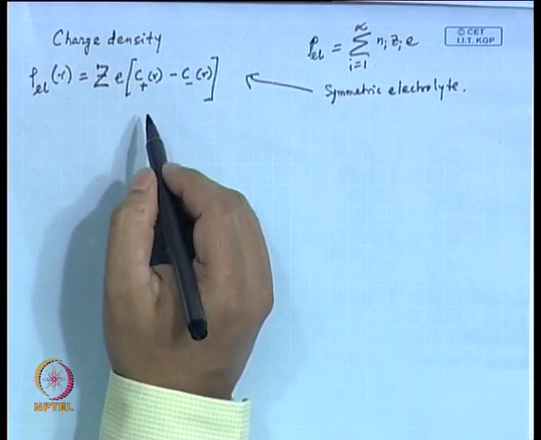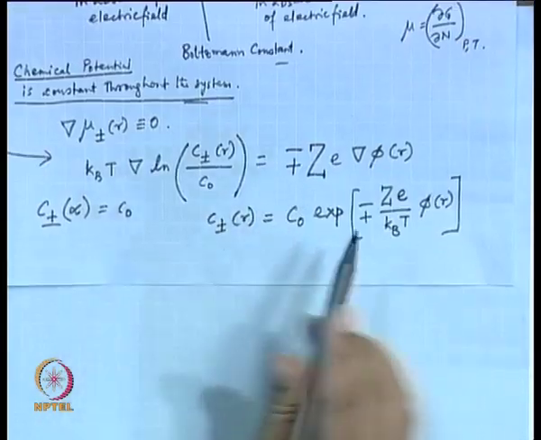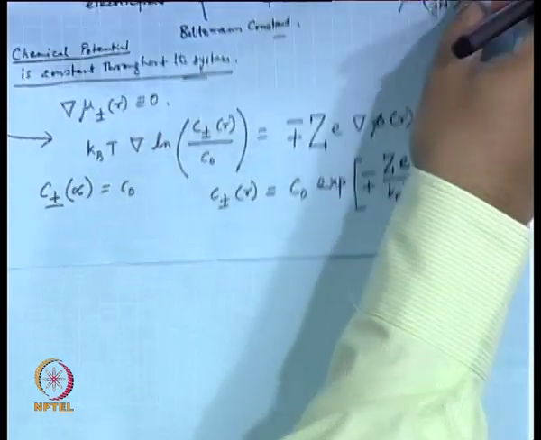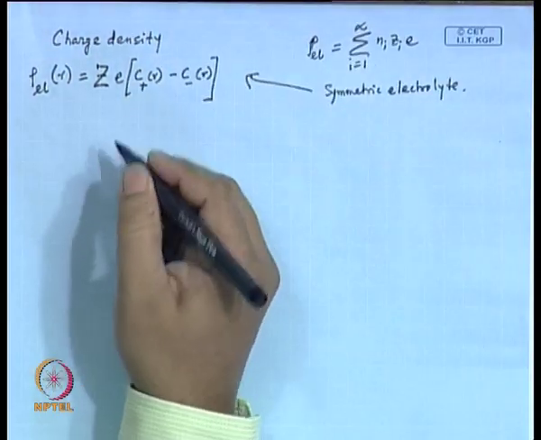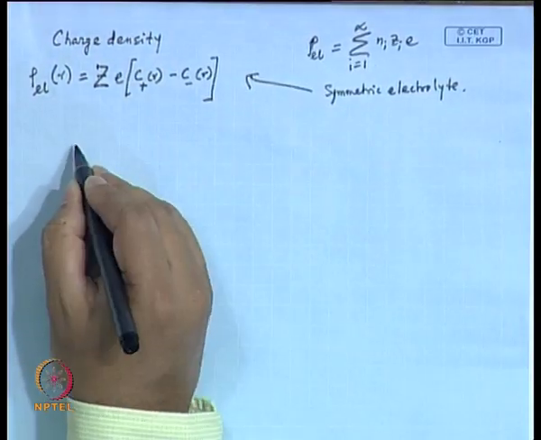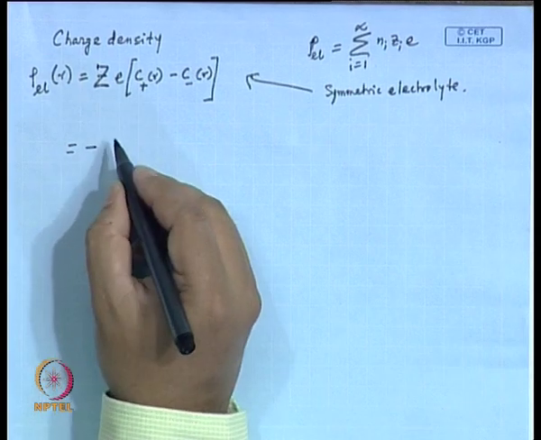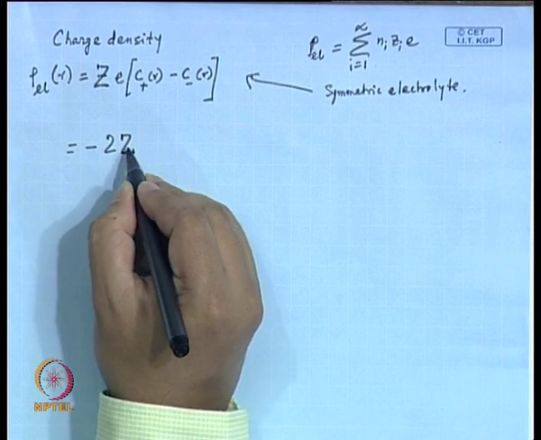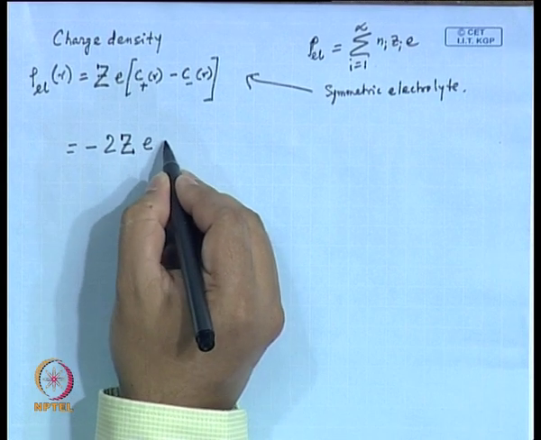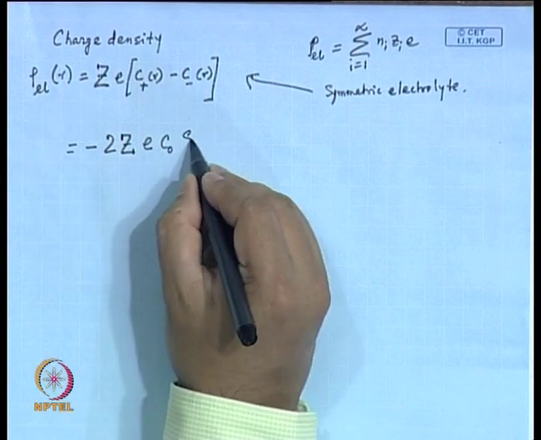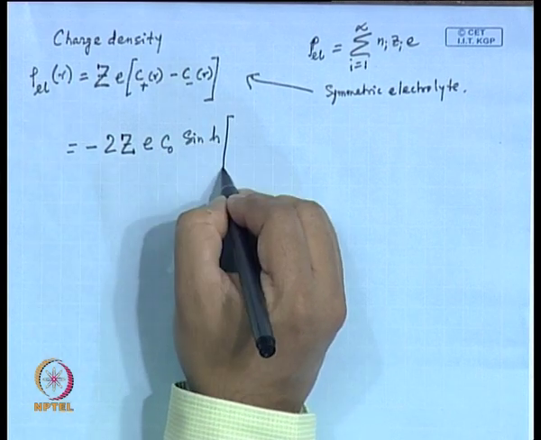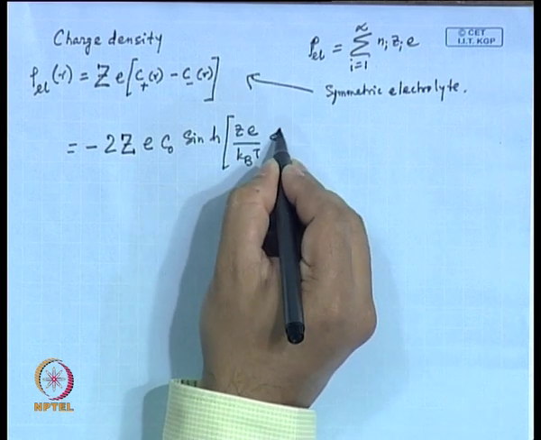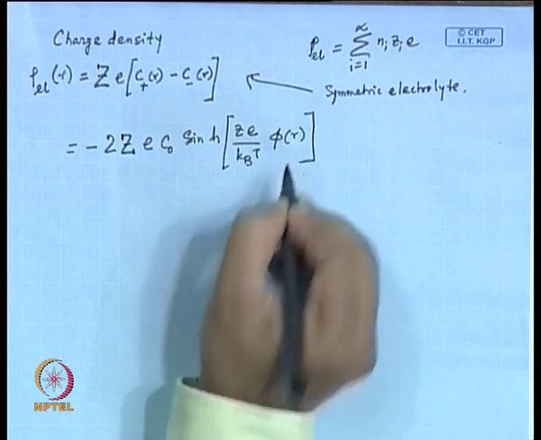So, if you bring in this expression that you already have for the concentration profile, what you get is rho EL r equal to minus 2 Z E C 0 sinh of (Z E divided by k b T) into phi r.